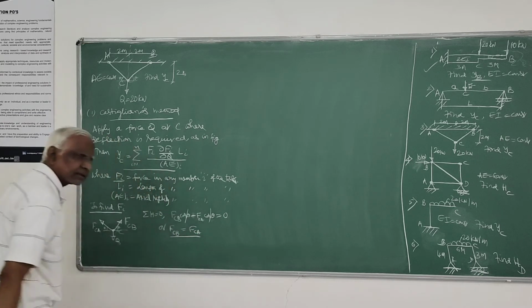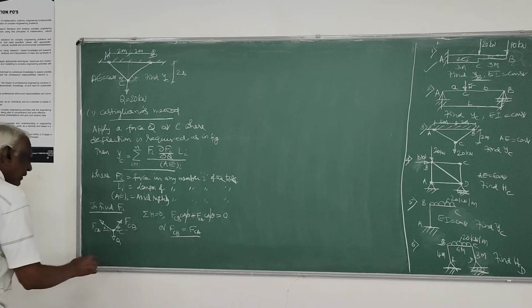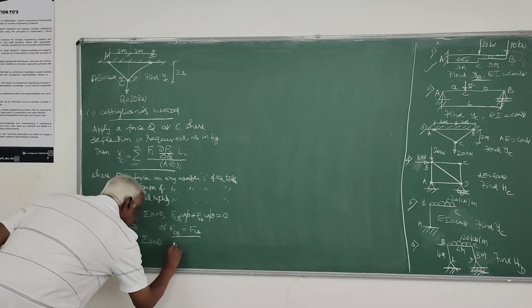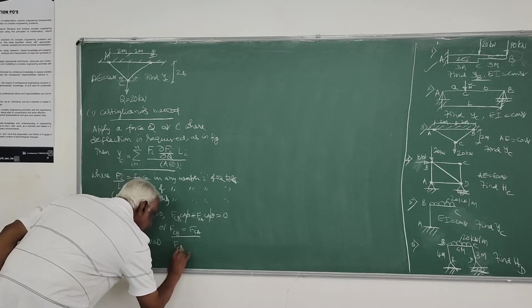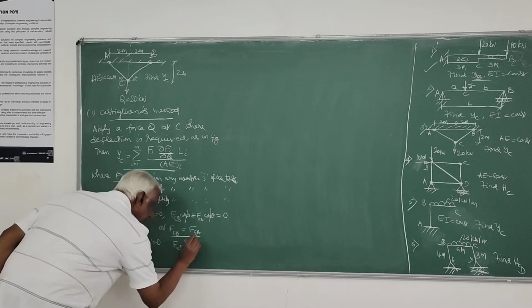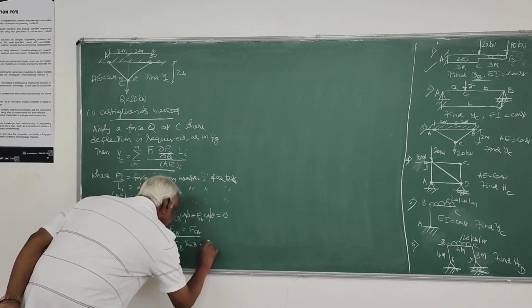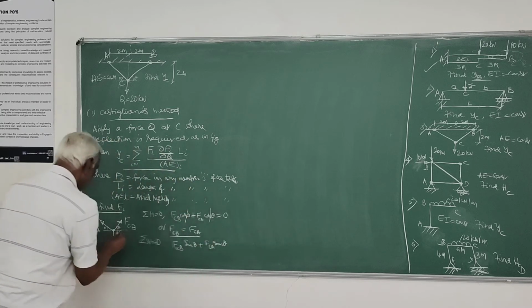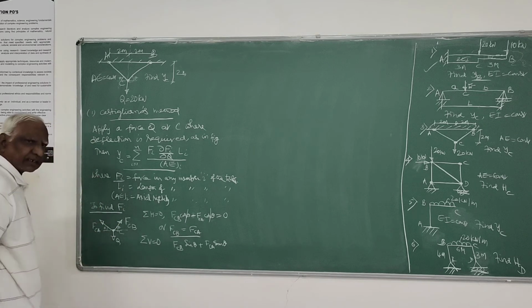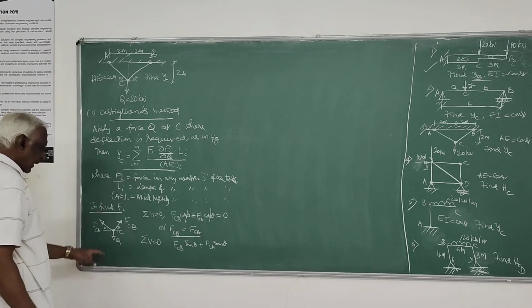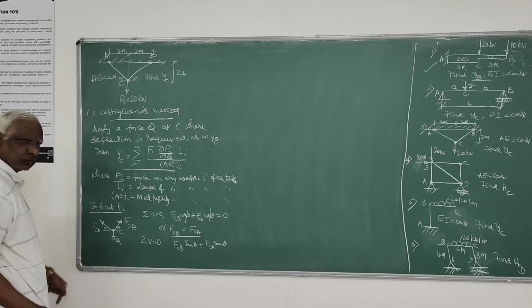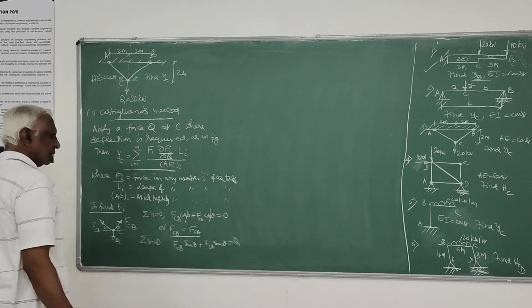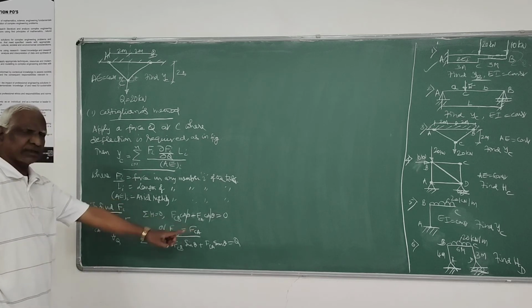That's the first relationship you will get. Then you apply sigma V equals 0, you will get FCB sin theta plus FCA sin theta. Here it is plus, because both are acting in the upward direction, the resultant components, and Q is acting down. So this will be equal to Q.